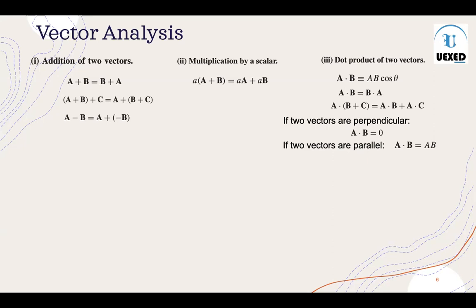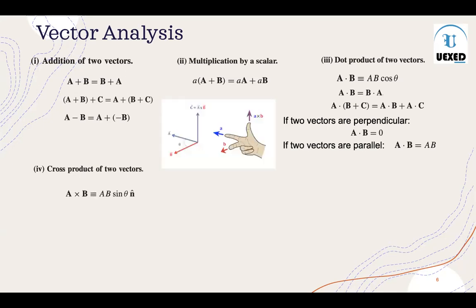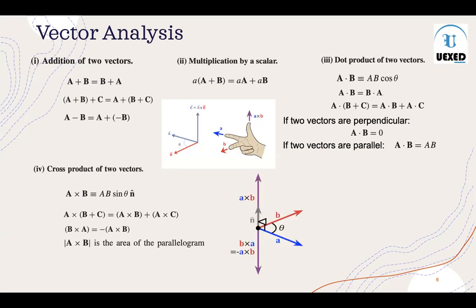These are very preliminary; even in class 11th you learned this. But for the definitions and notations, I wanted to revise this part, where we also discussed the cross product and all the properties related to it.